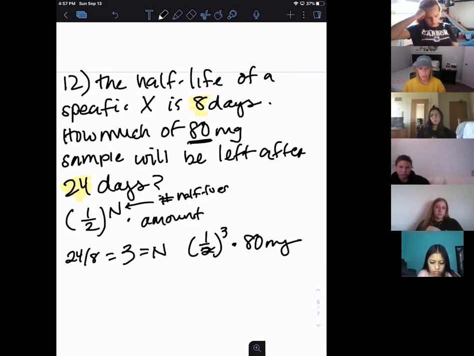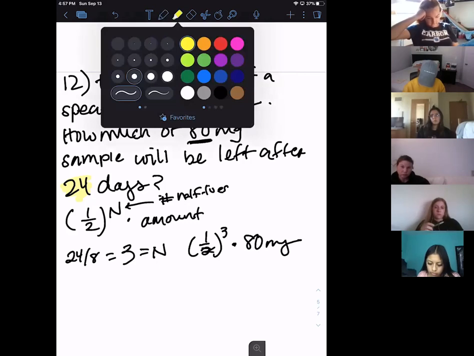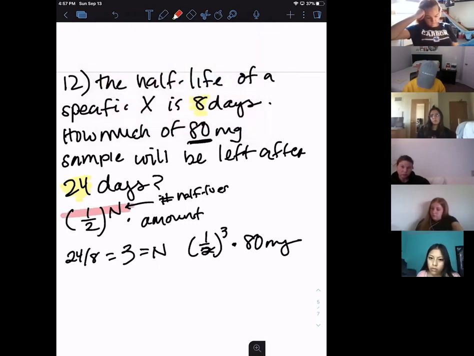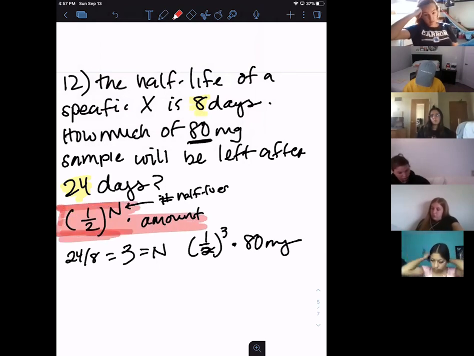So if I were you, I would probably remember this equation, okay? And that n is found when you're talking about the days or the time. It could be in hours.